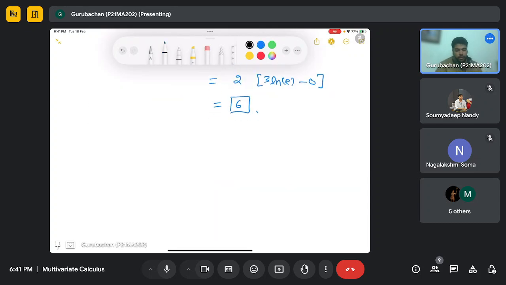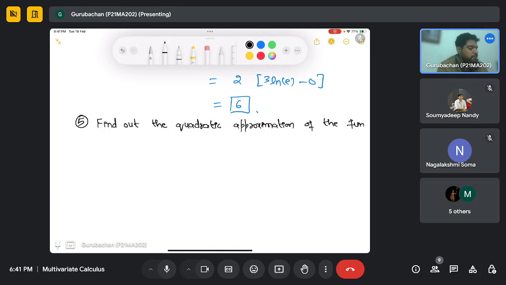Okay, next one is: find out the quadratic approximation of the function e to the power x at origin.